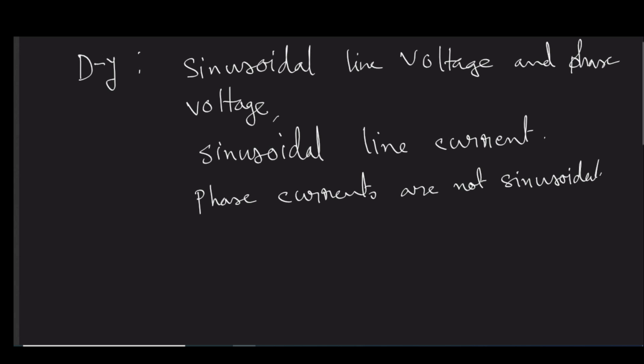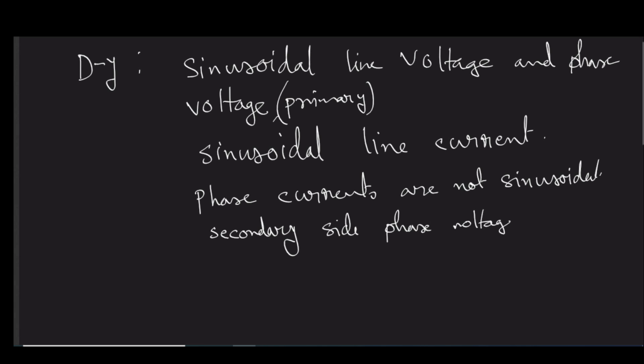Like this is for primary, you may find that secondary side voltage is due to the presence of third harmonic current.